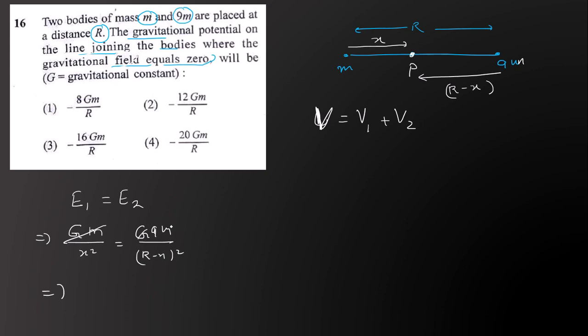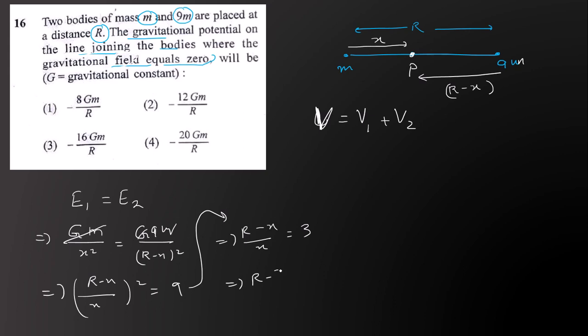So (r minus x) by x whole square equals 9. So (r minus x) by x equals 3. So r minus x equals 3x, this will be equal to 4x, or x should be equal to r by 4. If x is equal to r by 4, then r minus x will be equal to 3 by 4 r.